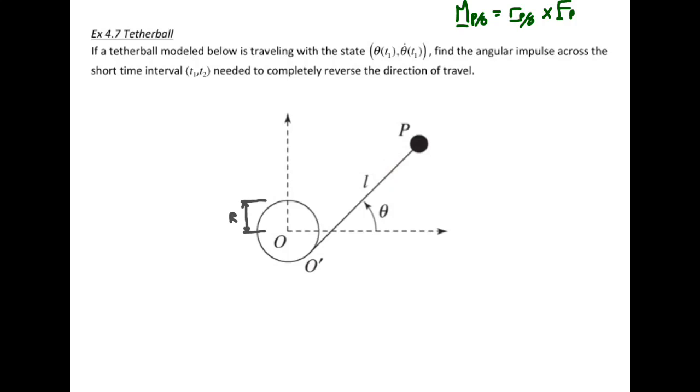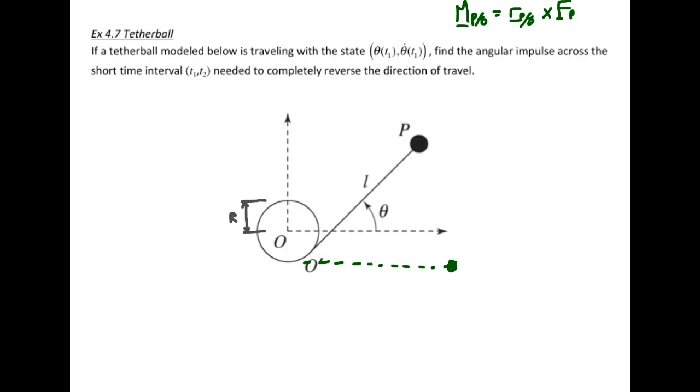Notice that when theta is equal to 0, that's when it's completely unwrapped. And then as theta increases, it's going to wrap around the pole, and we should see this length get shorter and shorter. If you've played tetherball, you know the object of the game is to wrap the ball completely around the pole against your opponent. That's what we're modeling here.